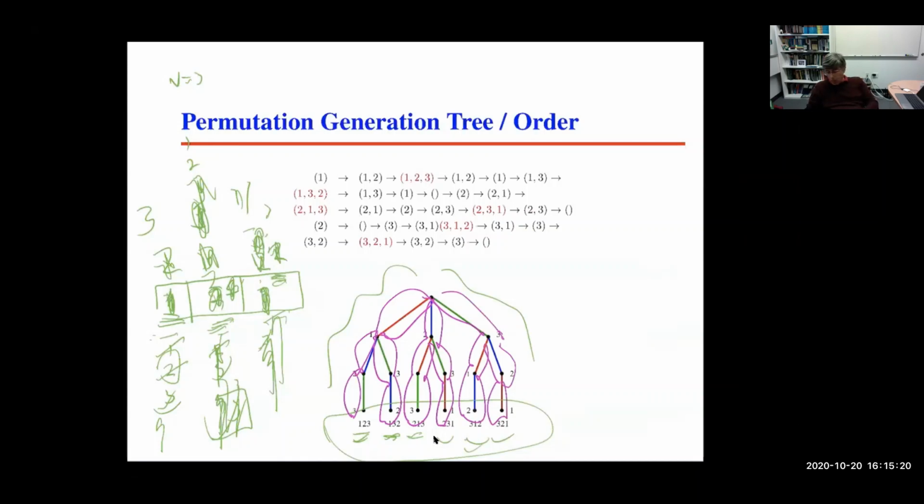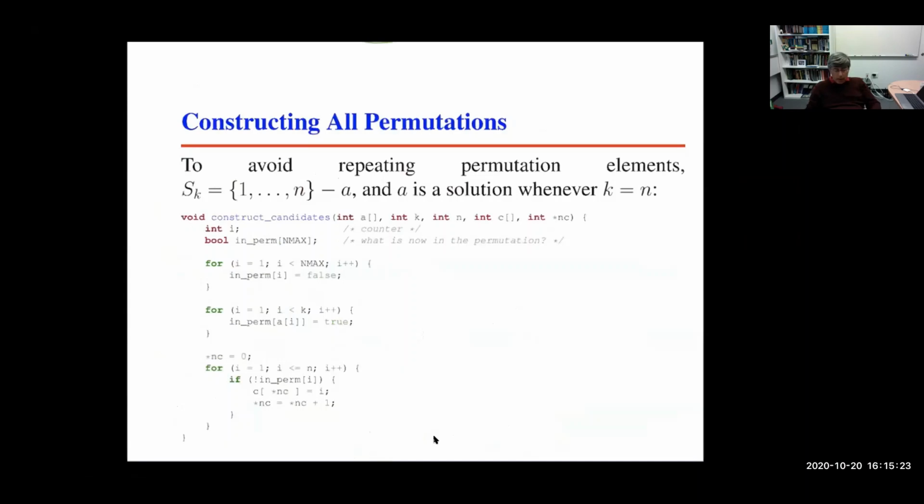Okay, so I want you guys to understand how to construct all permutations. My code is pretty simple, actually. This is just basically saying fill the array with all the numbers from 1 to n that are not so far in the prefix. Originally, none of the numbers are available. Then none of the numbers are in the permutation. In perm is this thing.